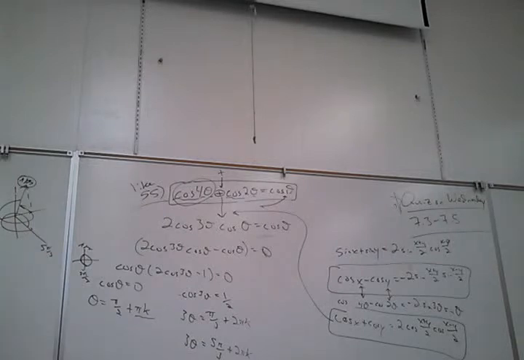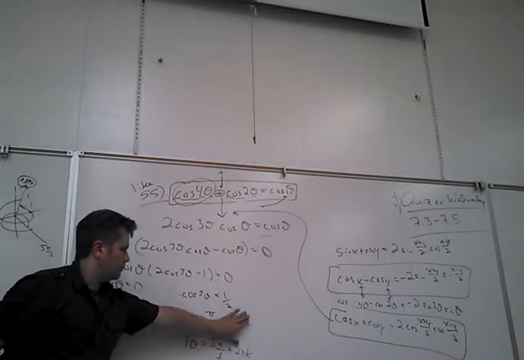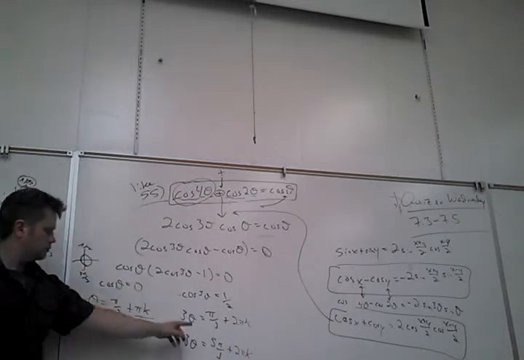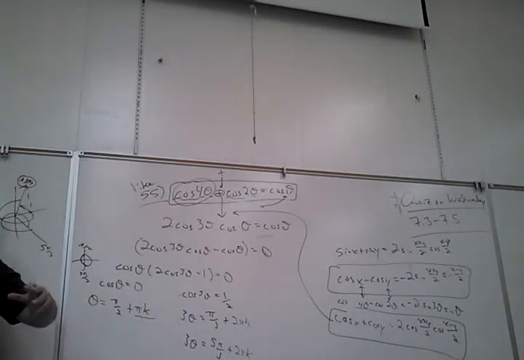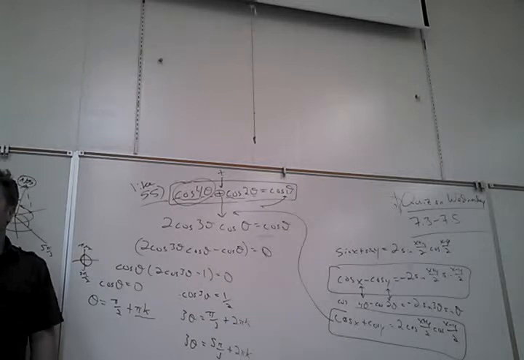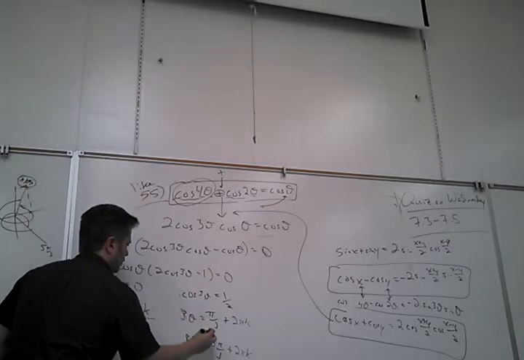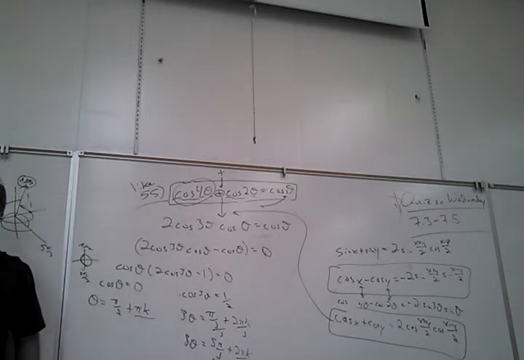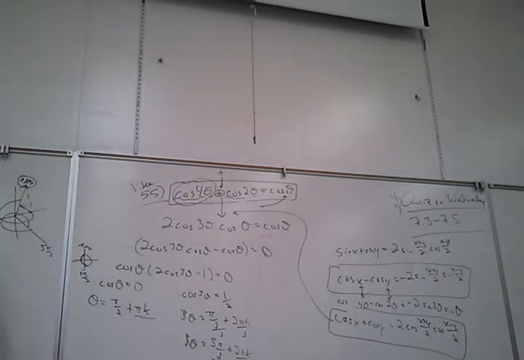So this angle must be pi over 3, or it could be in the 4th quadrant, 5 pi over 3. Then how do I get all the answers? I start doing the rotations, the 2 pi k from each of those. Then finally I divide by 3. The 3's don't cancel, it becomes 9. Thank you. Okay.